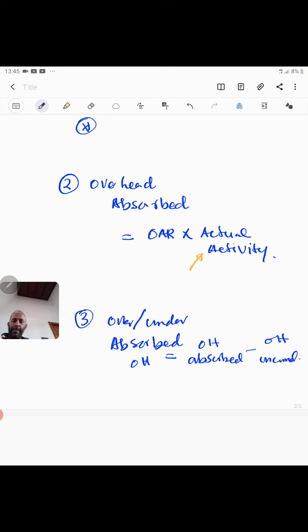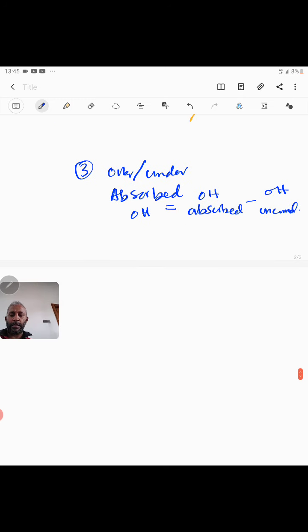So let's pick one small example so that we will understand the discussion we were having so far. Let me pick one example.